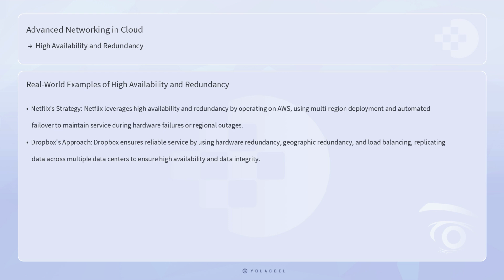Real-world examples further illustrate the significance of these concepts. Netflix, a leading streaming service, leverages high availability and redundancy to ensure uninterrupted service to its millions of users worldwide. Netflix operates on AWS, employing strategies like multi-region deployment and automated failover to maintain service availability even during hardware failures or regional outages.